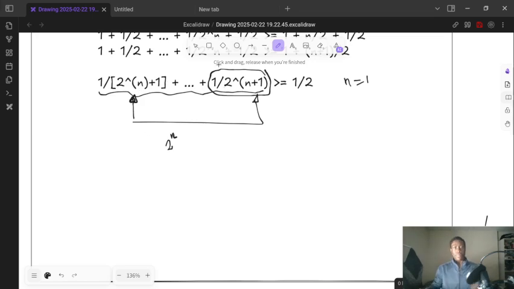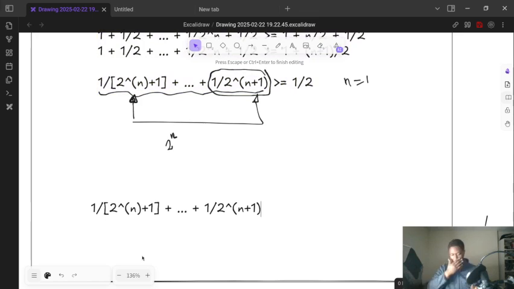And so that means I can write it as the following. Let me copy that part, and replace each term by that.